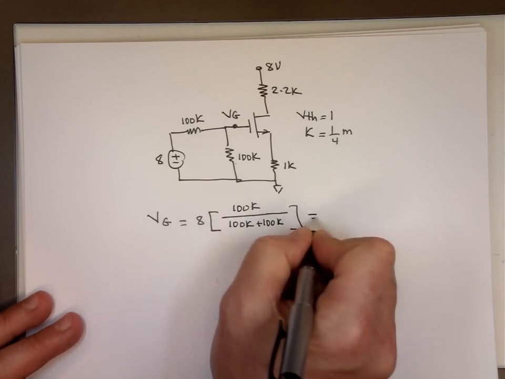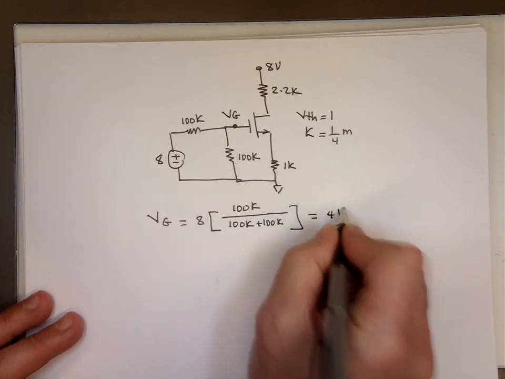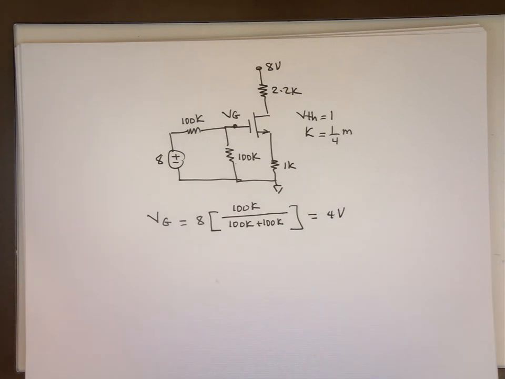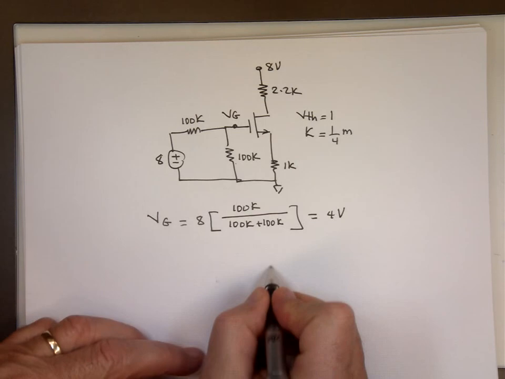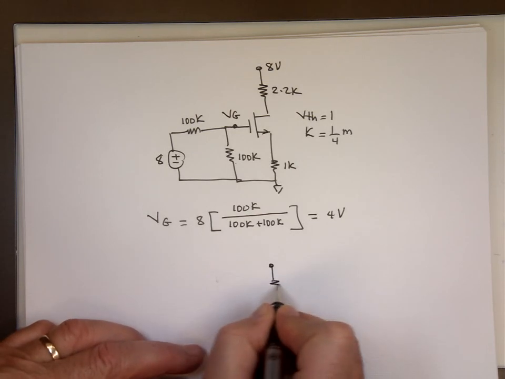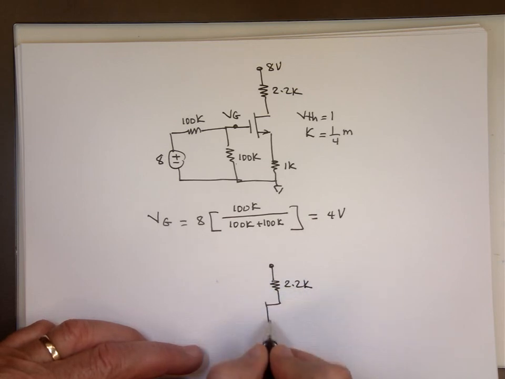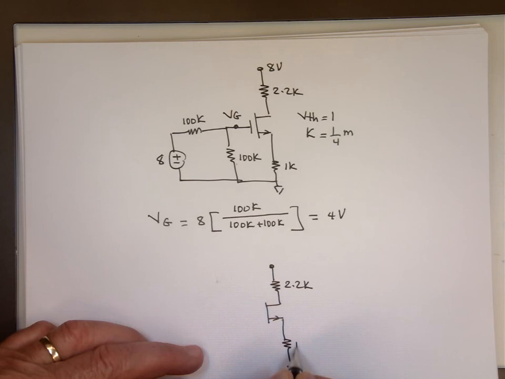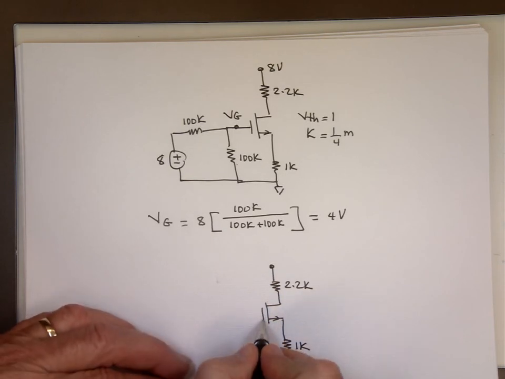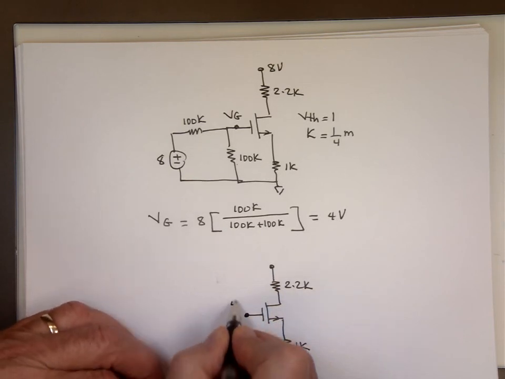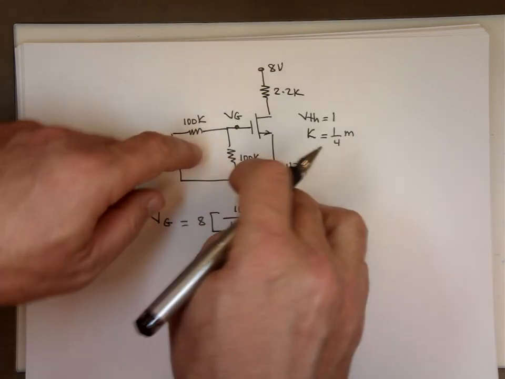And that'll give me 4 volts. So that circuit is getting easier and easier by the minute. This is 2.2K. This is 1K. And I can make that 4 volts. That's all you have to draw. So this is equivalent to this, which is equivalent to what we started with.